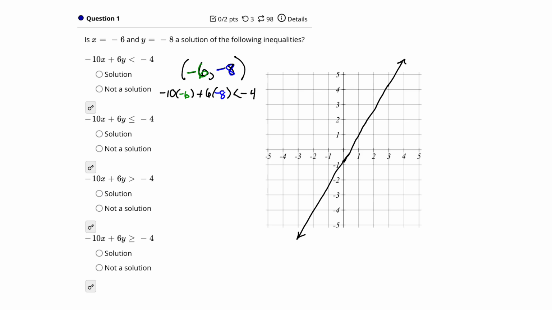So order of operations, you get 60 plus -48, and that gives you 12. So this one's asking, is 12 less than -4? And it is false.